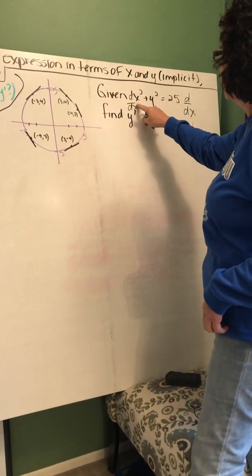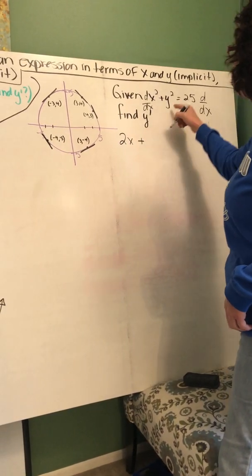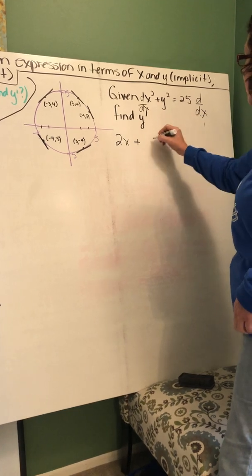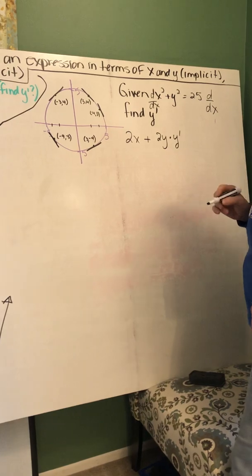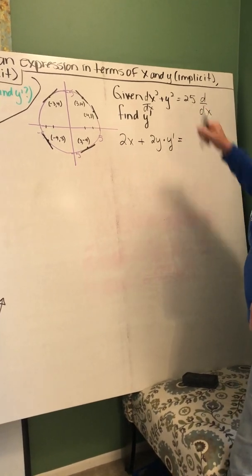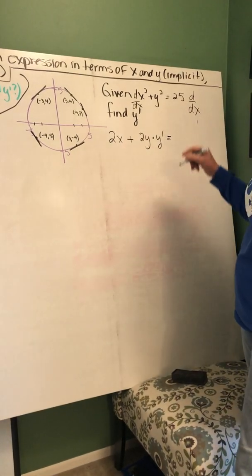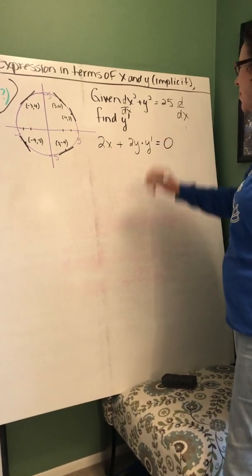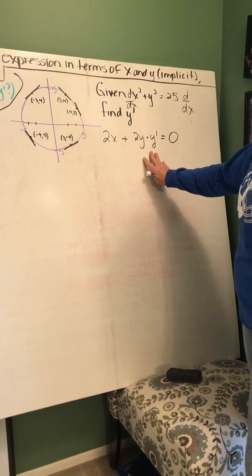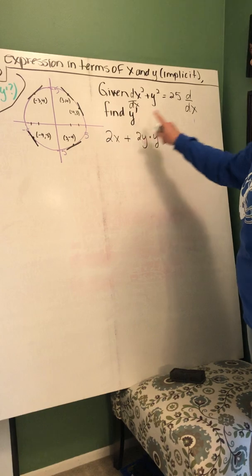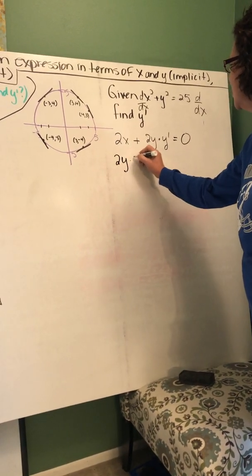The derivative of x squared with respect to x is 2x, plus the derivative of y squared is 2y times the derivative of y, equals the derivative of 25 with respect to x, which is 0. The next thing you do, keep all your terms with y prime on one side, get all your terms without y primes to the other side. I'm going to subtract a 2x from both sides.